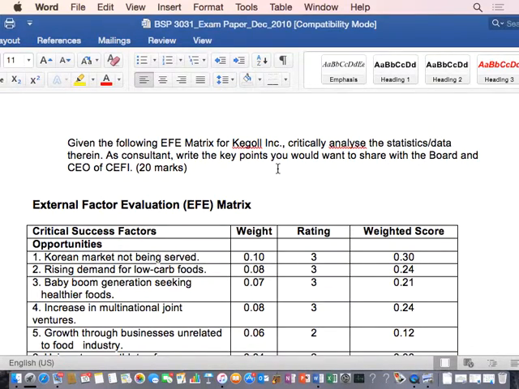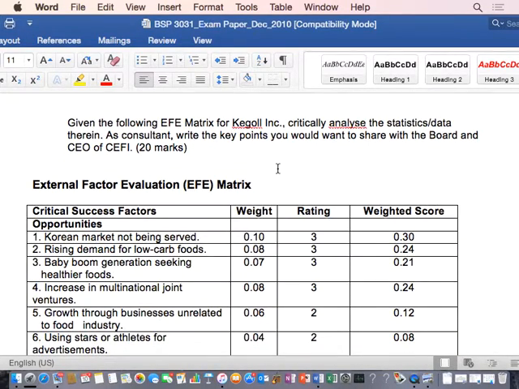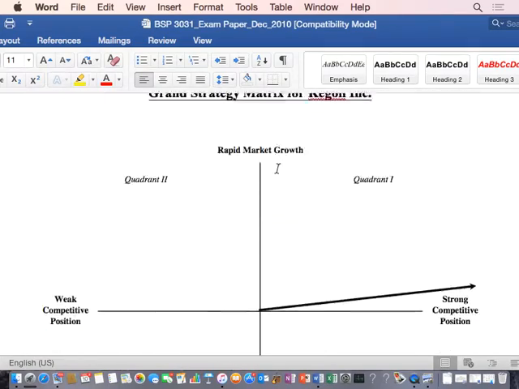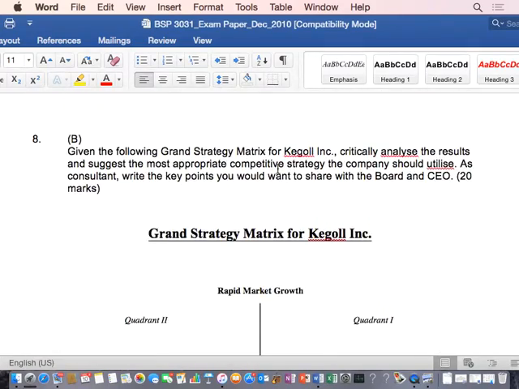EFE, same thing, you are a consultant. Grand strategy: given the following grand strategy matrix, critically analyze the results and suggest the most appropriate competitive strategy the company will utilize. As consultant, write the key points you would want to share with the board and CEO. That's your role.